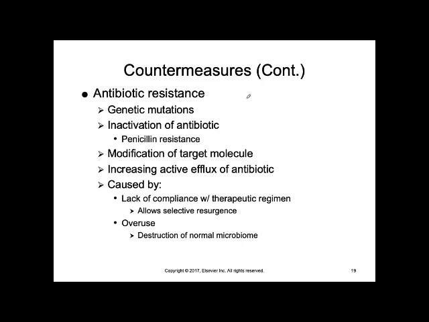It's often caused by lack of compliance with therapeutic regimens that allow selective resurgence, and overuse of an antibiotic that destroys your native flora and allows the pathogen to take off. So this selective resurgence is one of the reasons that doctors will shift from second generation to first generation antibiotics.